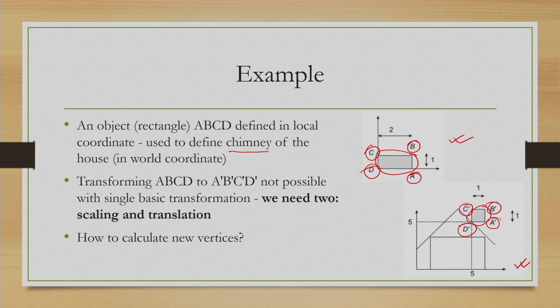So, two transformations are required, one is scaling and the other one is translation. Scaling to reduce the size, translation to reposition it in the world coordinate scene. This much we can understand from the figure, but how to actually apply these transformations, that is the question we want to answer, so that we get the new vertices.